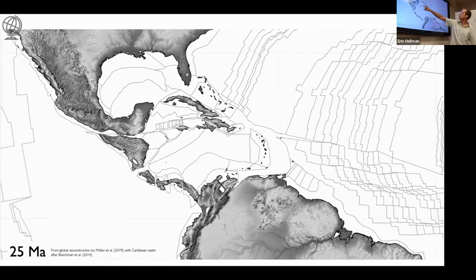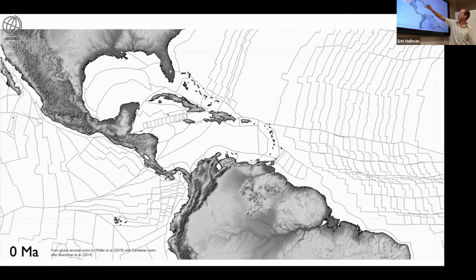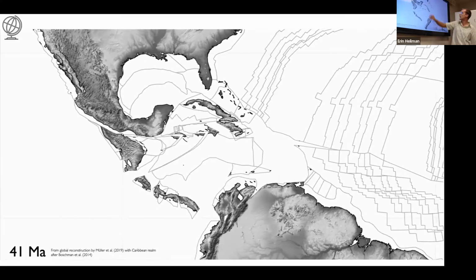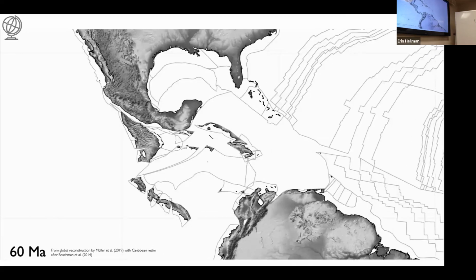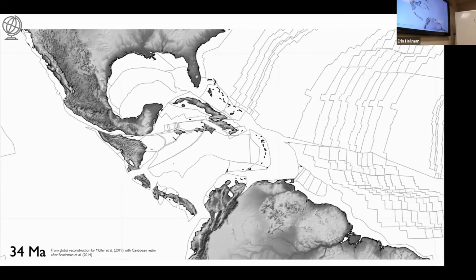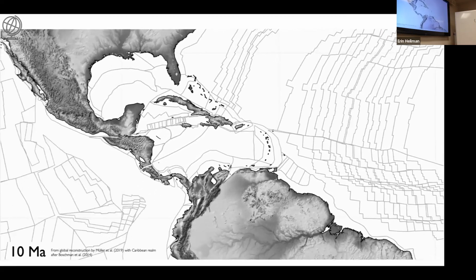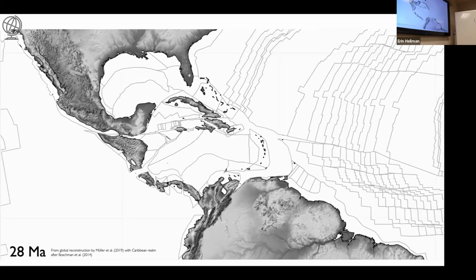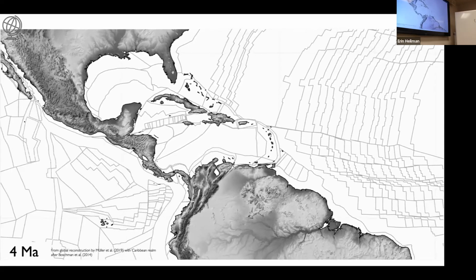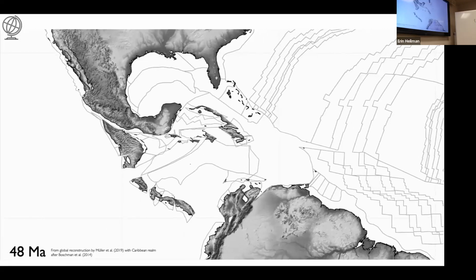You see this boundary become the left-lateral strike-slip plate boundary that we have today. And you see Hispaniola starting to piece together throughout the evolution of the boundary. You see the southern terrane accreting on. And these events are all going to be important when it comes to looking at the topography and the different components of uplift in Hispaniola.